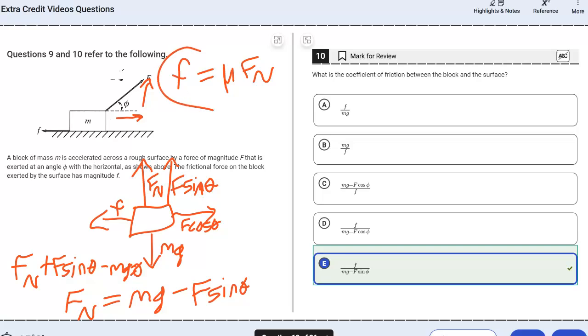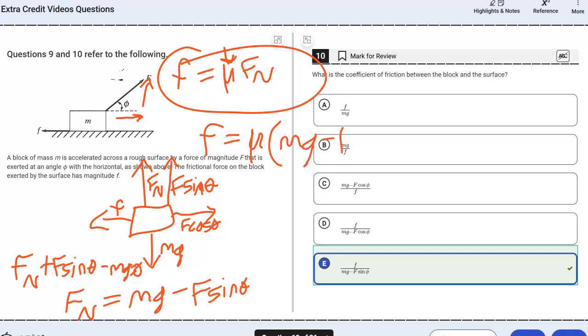And then this equation comes into play. We know our friction force, and it's asking to find mu, the coefficient of friction. Mu, this here is our coefficient of friction. So F equals mu times mg minus F sine theta.